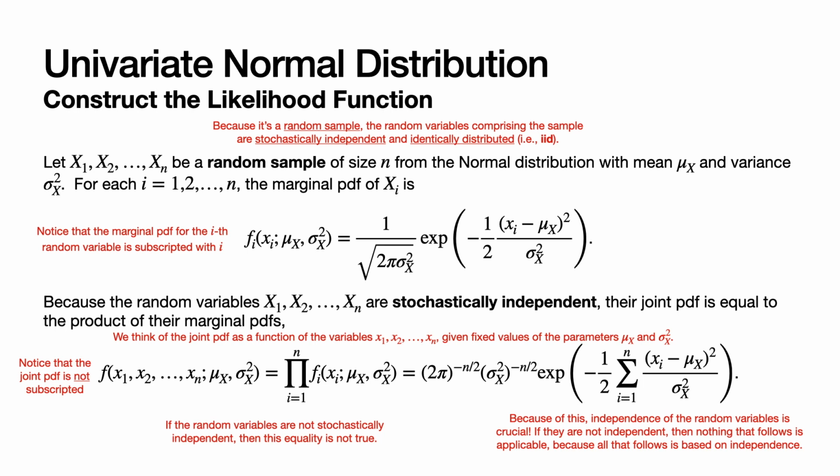And then after the semicolon, which by the way we read as "given", we have the two parameters mu sub x and sigma squared sub x. So when we think about this joint PDF, we're considering x1 through xn as being values that vary, and the parameters mu sub x and sigma squared sub x as being fixed constants.